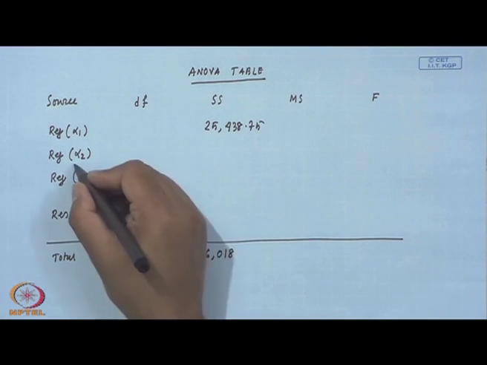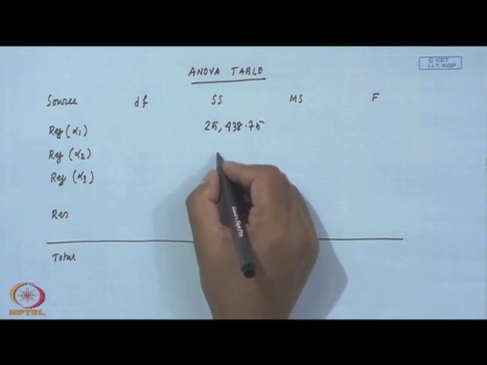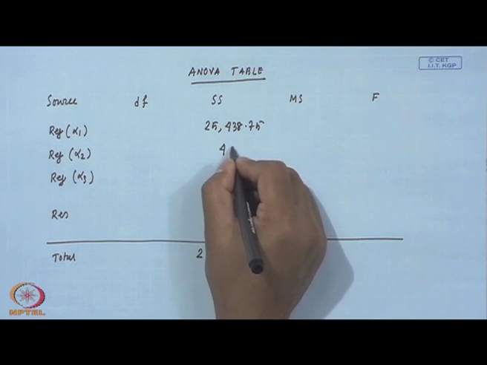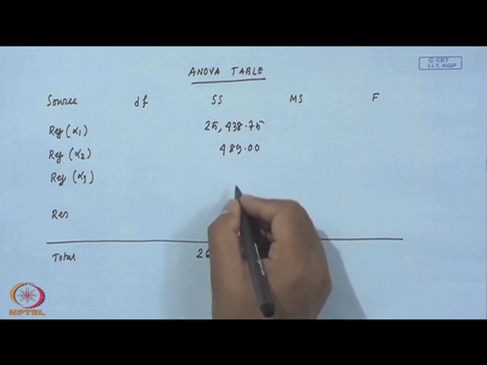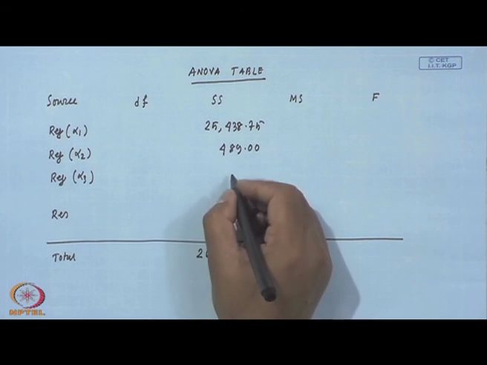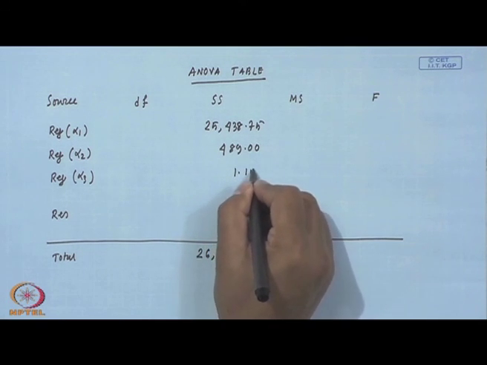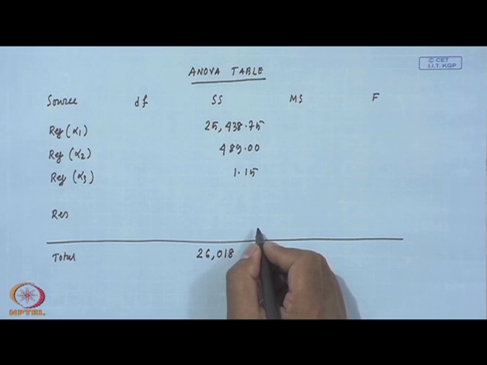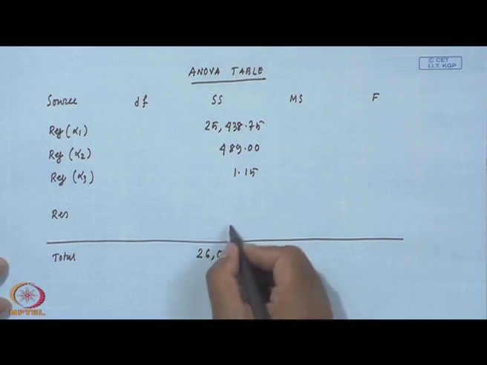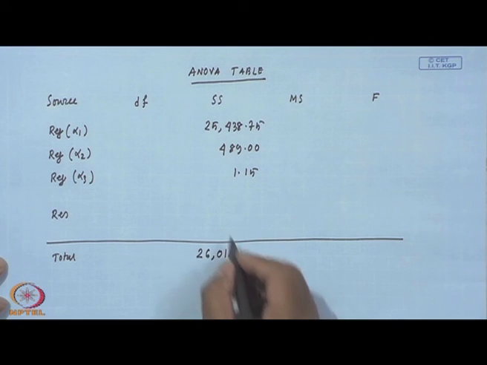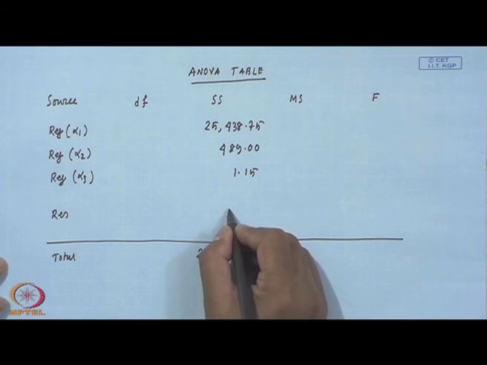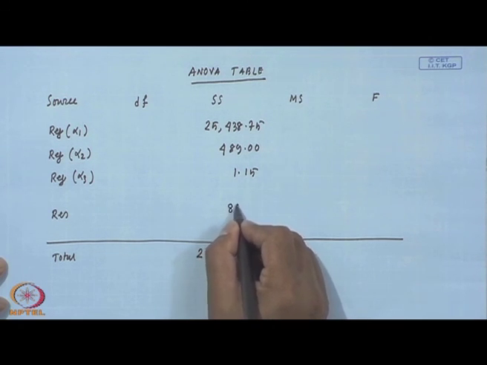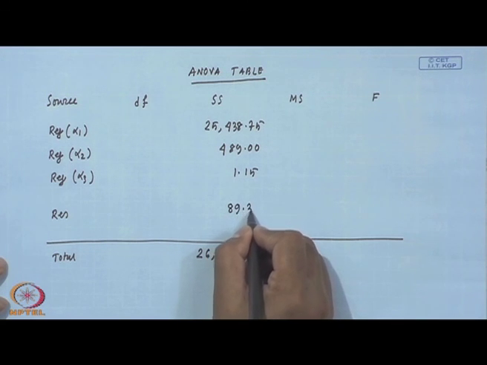SS regression due to alpha 2 is 489, and SS regression due to alpha 3 is 1.15, and you can check that the SS residual is just 89.30.